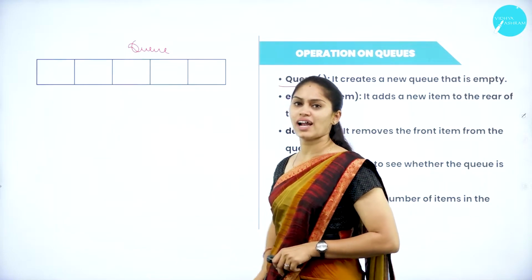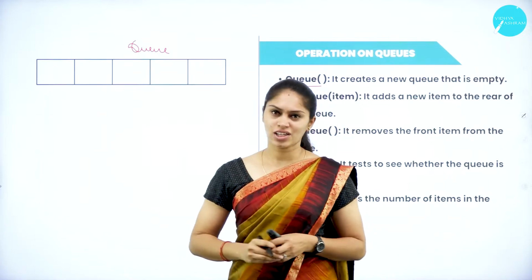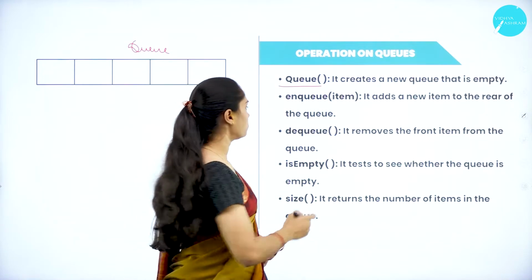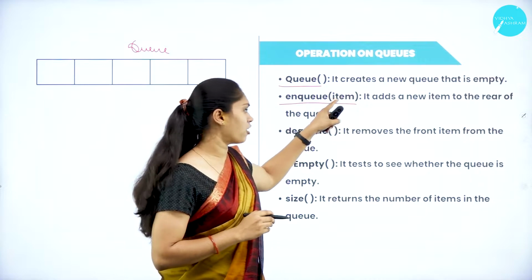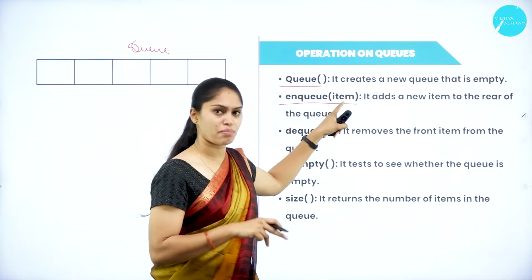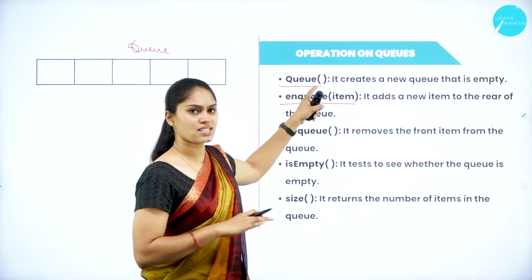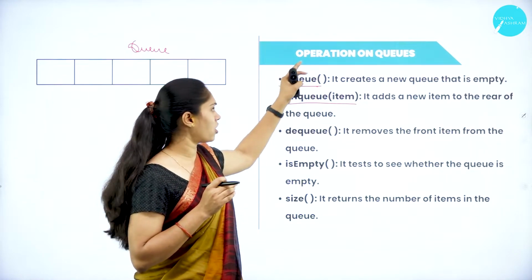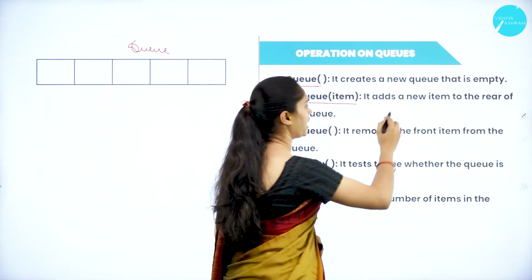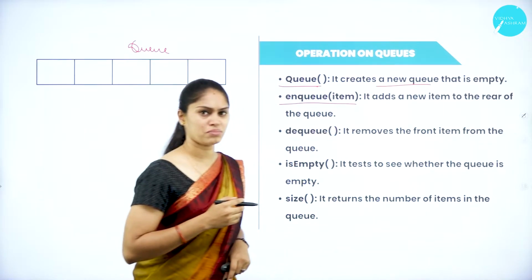Now you have to add some elements into the queue. Which operation do we have to perform? That is NQ of item. Here you have to specify the item. Queue doesn't have any parameter; it is just a function or an operation that will create a new queue that will be empty.